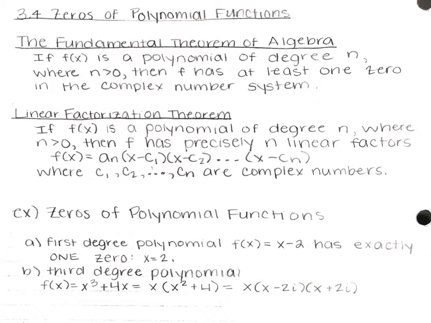Zero is a polynomial function. If we look at a first degree polynomial function, f of x equals x minus 2, it's a first degree function and it has exactly one zero.